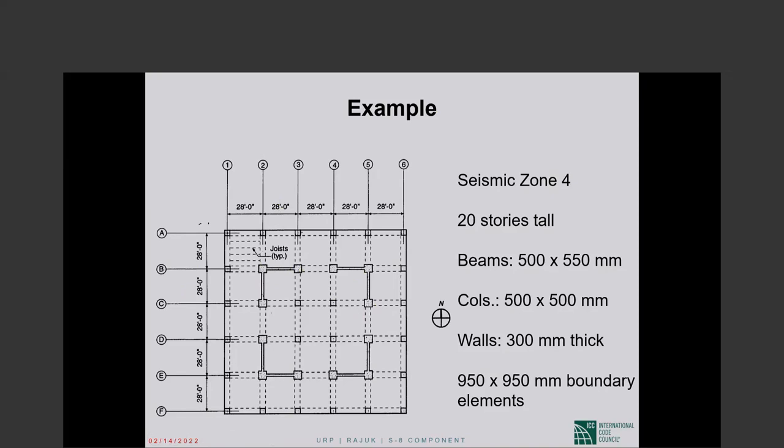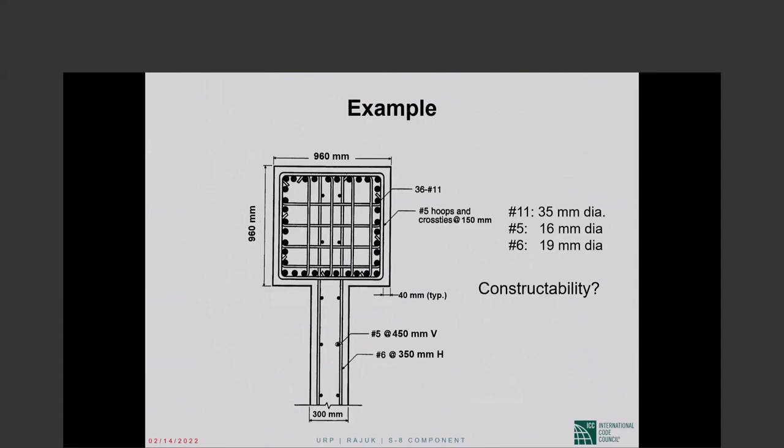The beams are 20 by 22 inches. The columns are 20 by 20. The walls are 12 inches thick. The boundary elements, when we did our design, turned out to be 38 by 38 inches, 960 millimeter by 960, each with 36 number 11 bars.